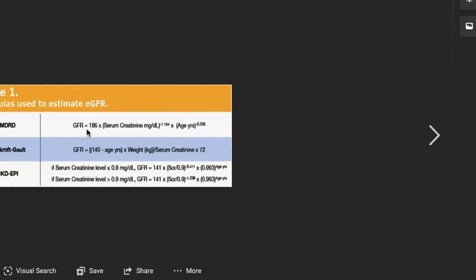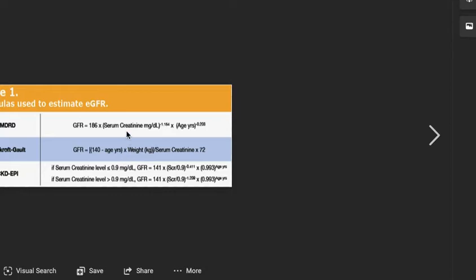So GFR is equal to 186 multiplied by serum creatinine multiplied by the age in years raised to the power 0.203. So simply, they calculate by using serum creatinine, and they check the patient age, and they always check the patient sex, and they also check the patient race.